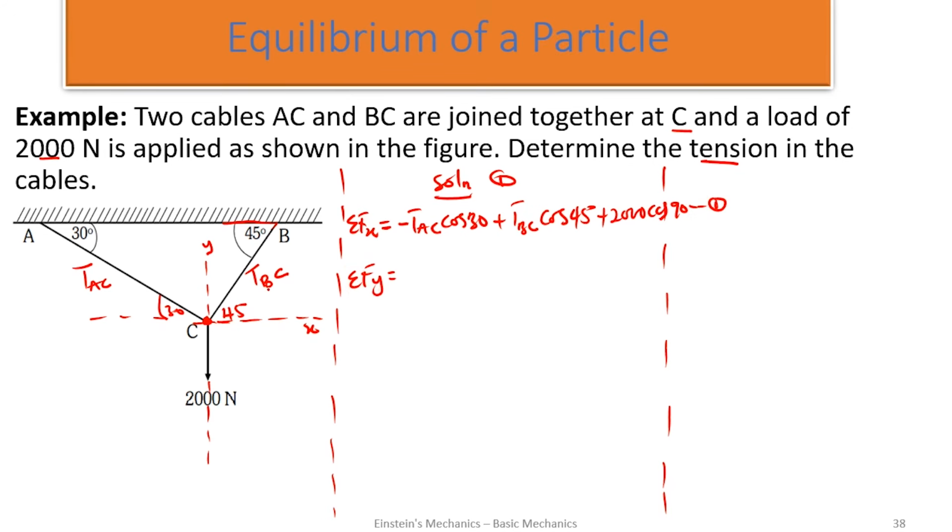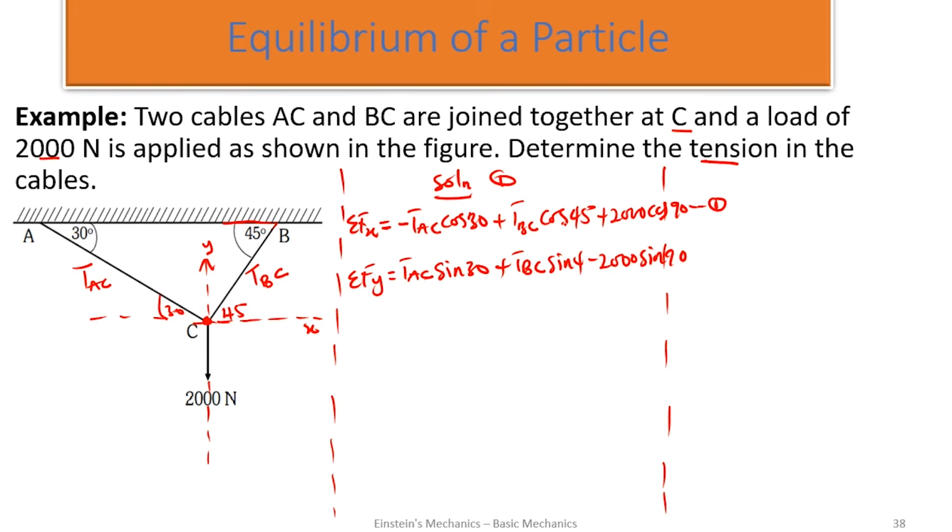On the y, we have TAC in the positive direction of the y, sine 30, plus we have another TBC sine 45, and this is in the negative direction, so negative 2000 sine 90.